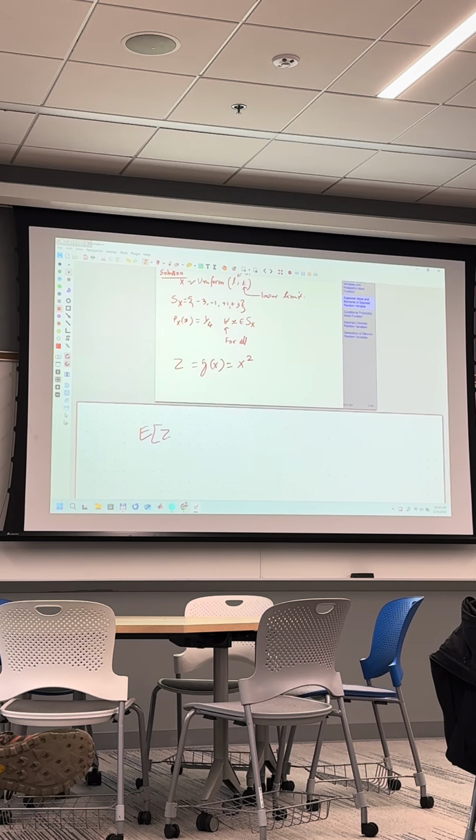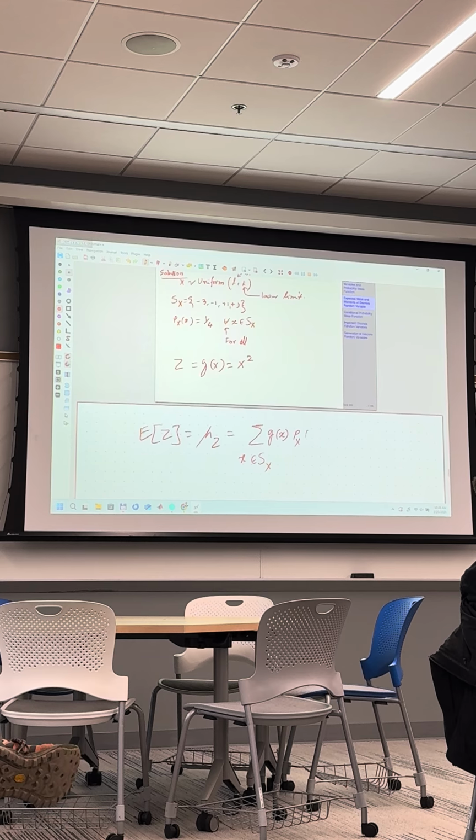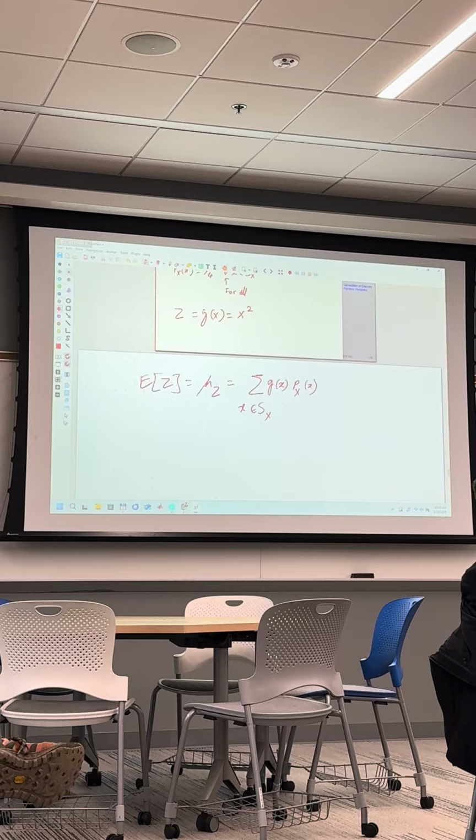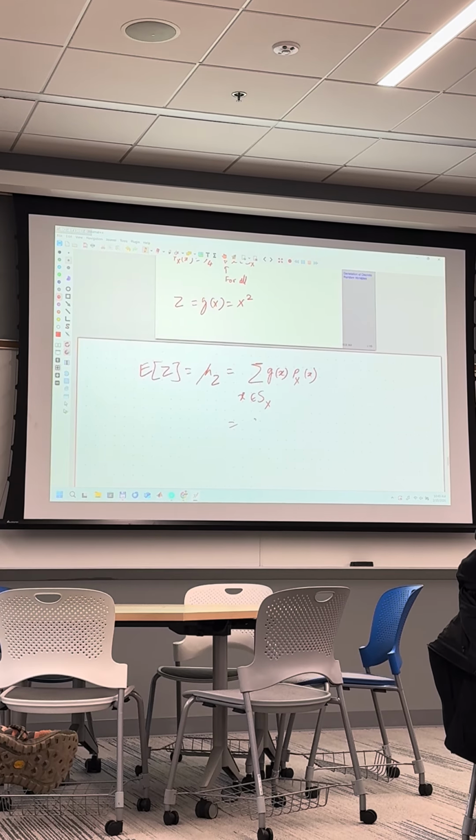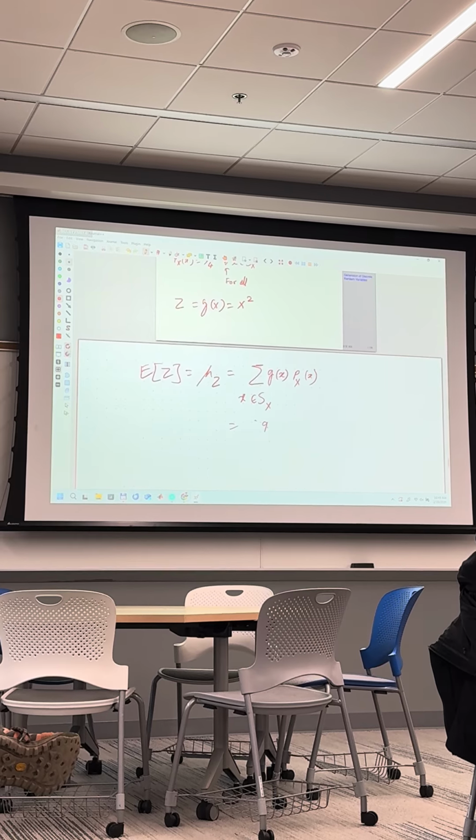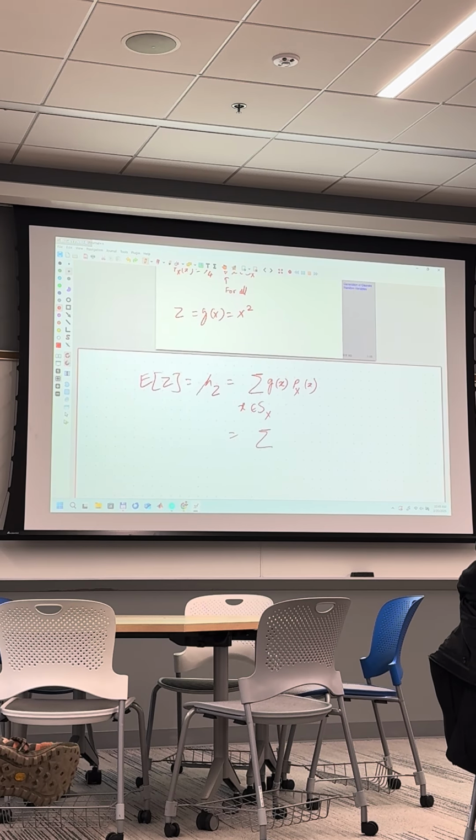The expectation of Z, denoted mu sub Z, is the summation over x from the range S sub X of g of x times the PMF of X. X can take any value from -3, -1, +1, +3, so it is x squared times 1/4, since the PMF of x for all values of x is 1/4.